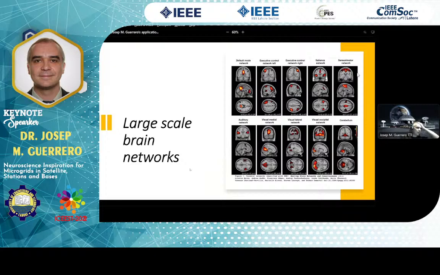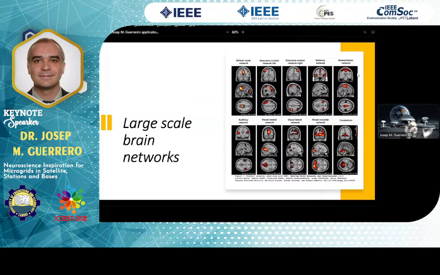But now what really thrills me is that not only do we have the connectome, which is ongoing work with many different universities, but we can also define large-scale networks in our brain. We know that many people are working on neural networks, but on a very small scale, and our brain doesn't work like this.